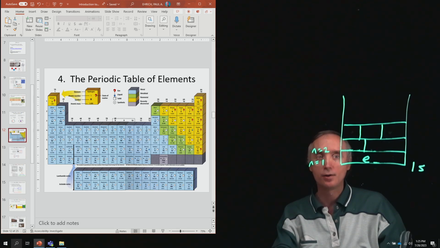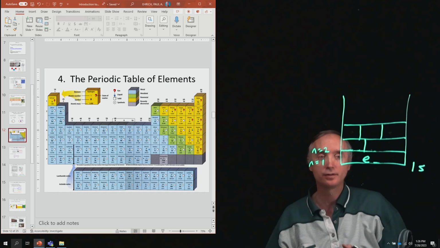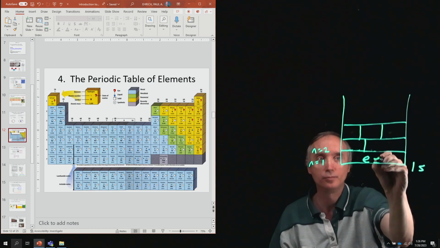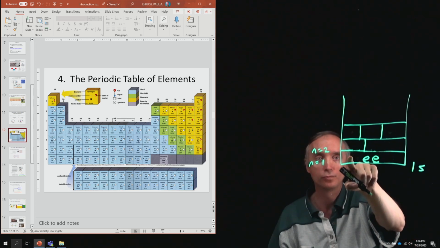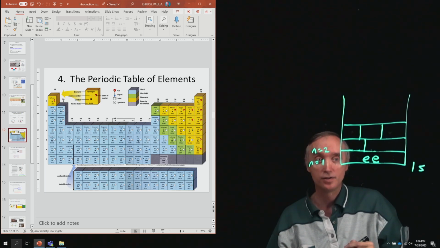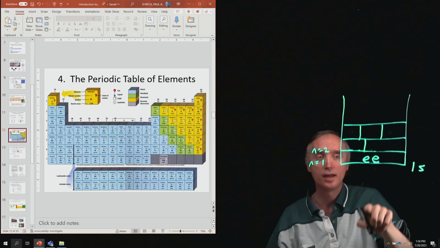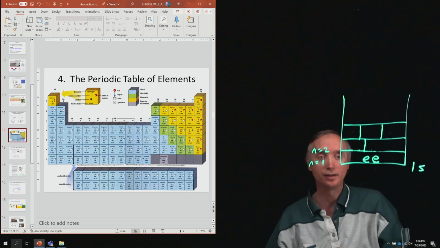Okay, now we're going to take 2 electrons. So we drop our first one in there, and then we drop a second one. Where does the second electron live? So it's going to live here because this room has enough room for 2 electrons. So it's still in the 1s subshell, and now we've got helium.